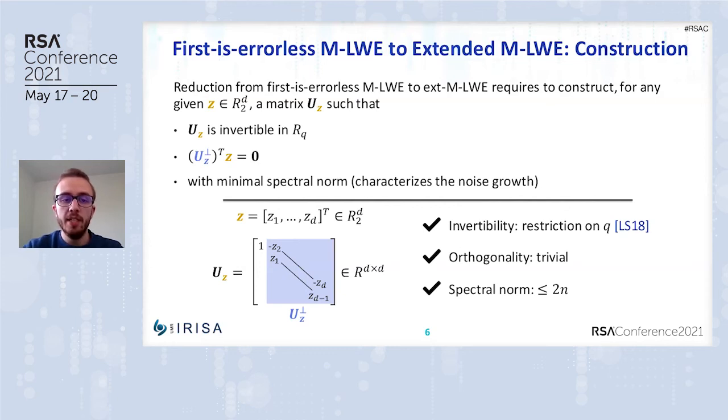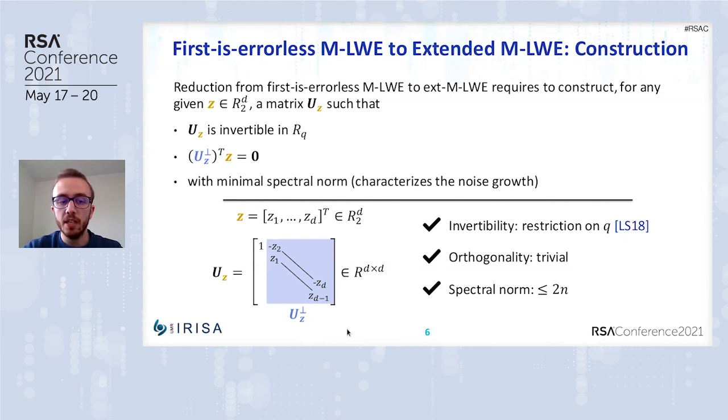So we provided this construction here, which looks rather simple. The orthogonality is quite trivial due to this plus-negative pattern of the columns. And the spectral norm can be bounded quite easily as well because of the diagonal structure of the matrix. The tricky one, though, was the invertibility condition because it requires every diagonal element to be invertible in the quotient ring.